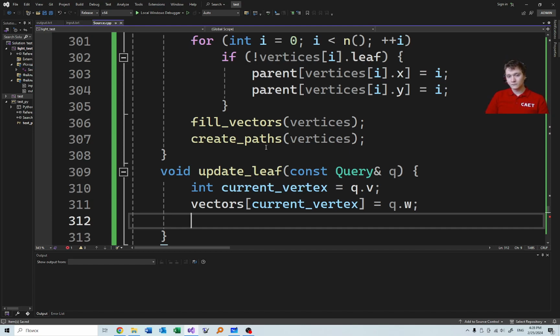Unfortunately, no. Now, what do we have? So our current path is not... So we want to jump to our... We need to update our upper vertex. And current vertex actually will be always the upper vertex, or no?